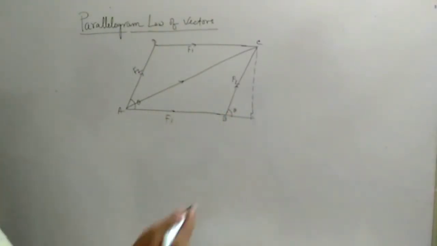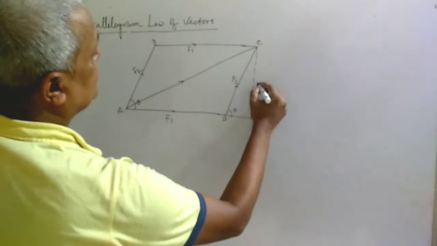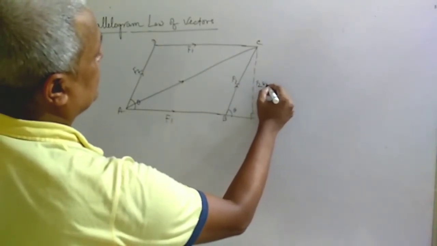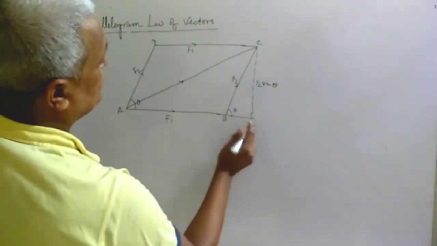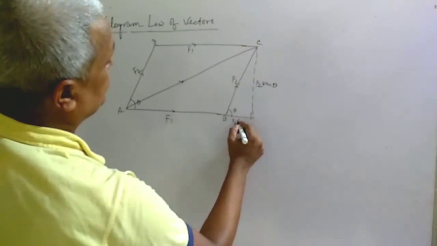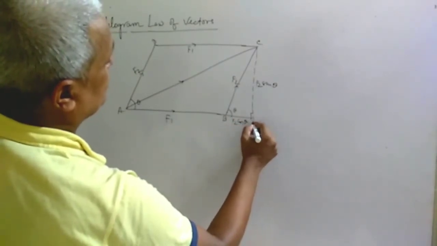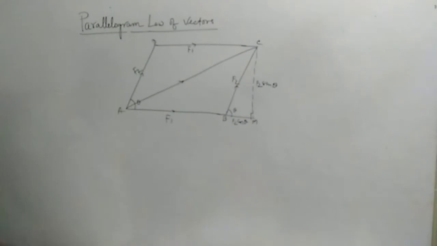Now if you use trigonometry, you will find this side is F2 sine theta, and this part is F2 cos theta. This I call CM. So now you see that our triangle ACM is a right angle triangle.